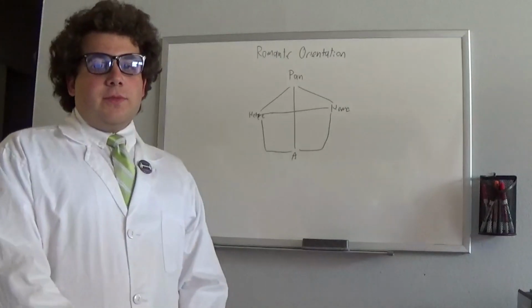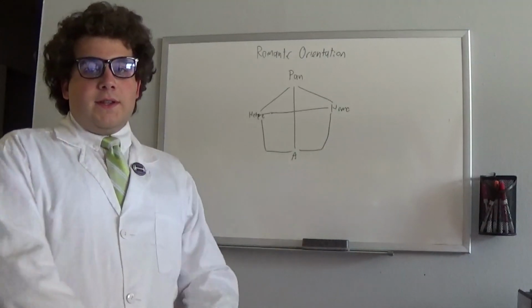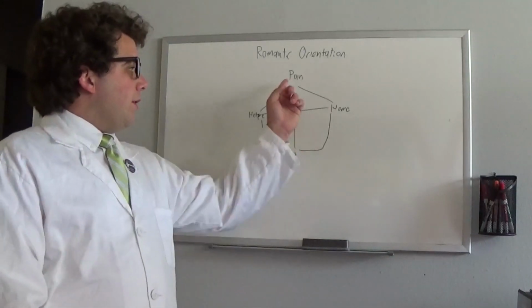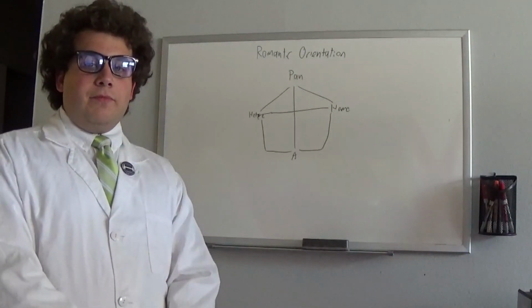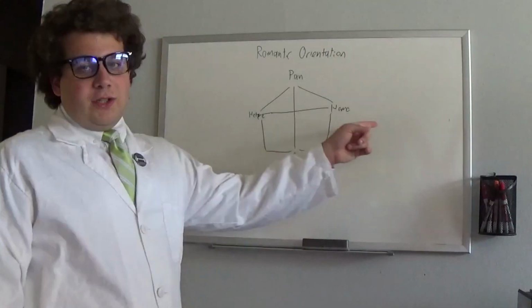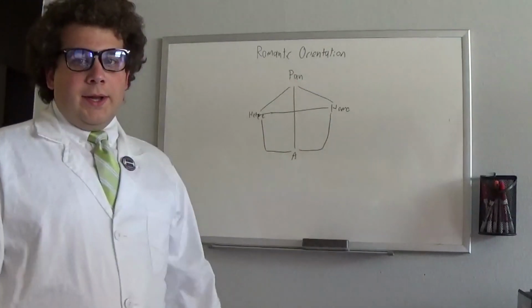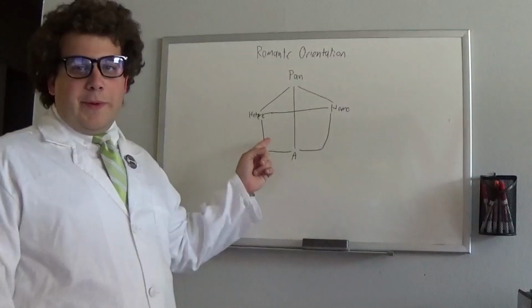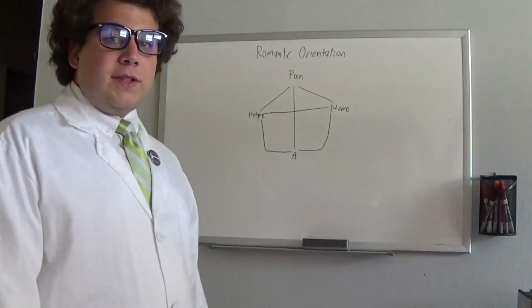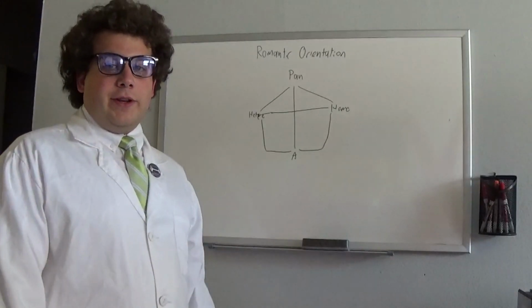The first lecture was just the sexual orientation side of it. Now we can talk about the romantic orientation. It's the exact same thing, just instead of writing homosexual or pansexual, it would be heteroromantic or aromantic. So let's talk a little bit about those orientations now.